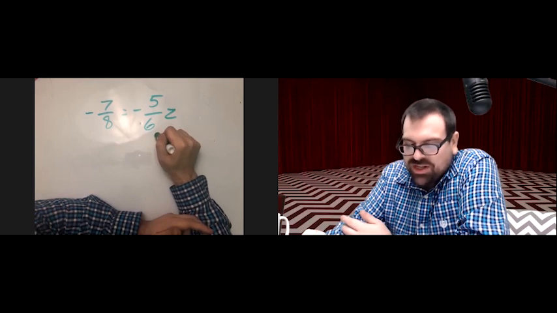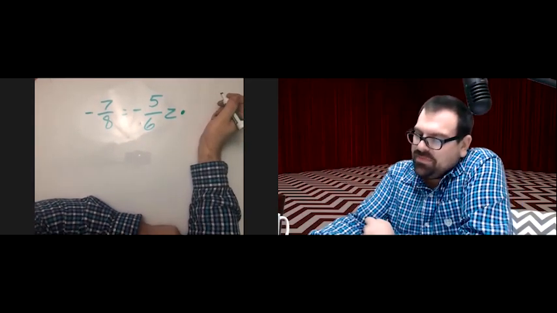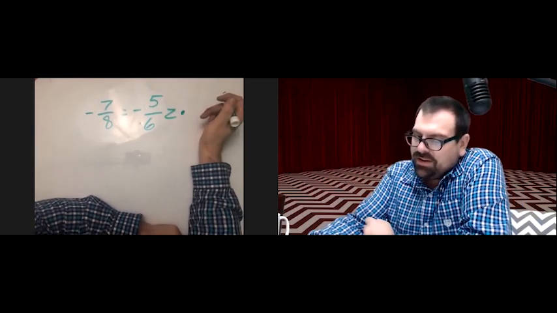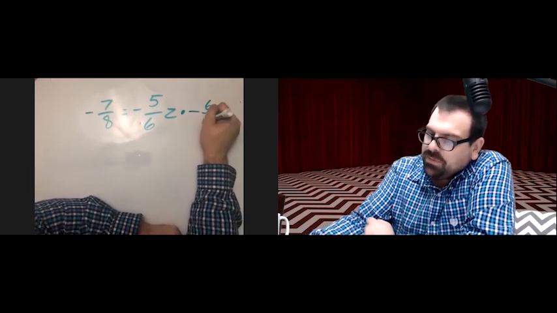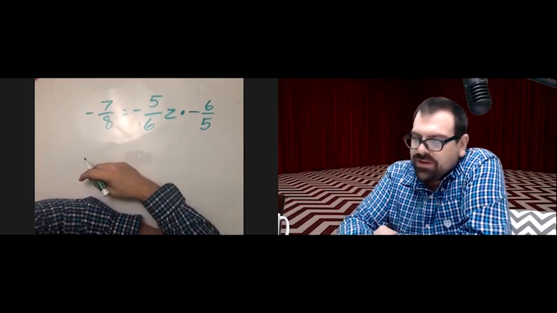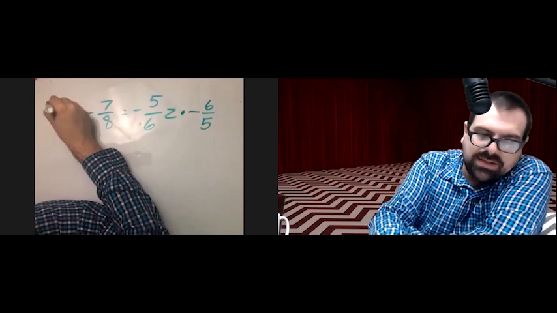Dividing by a fraction is the same as multiplying by the reciprocal. Okay, I said it right that time. So to divide by negative 5/6, we are actually multiplying by the flip of it, negative 6/5. And we're going to do that on both sides.